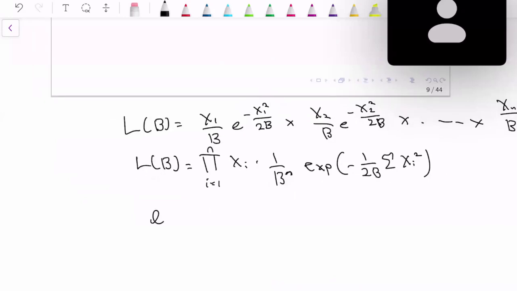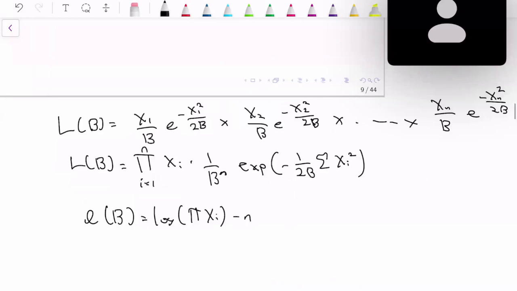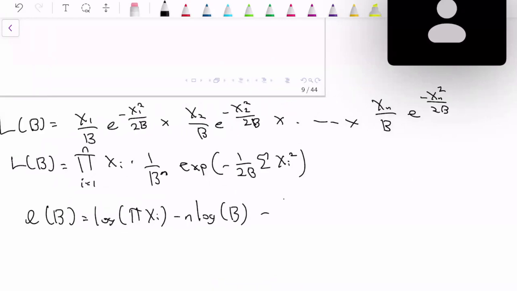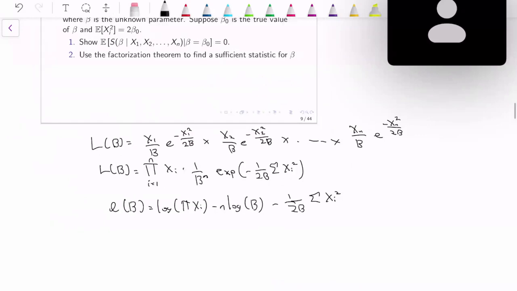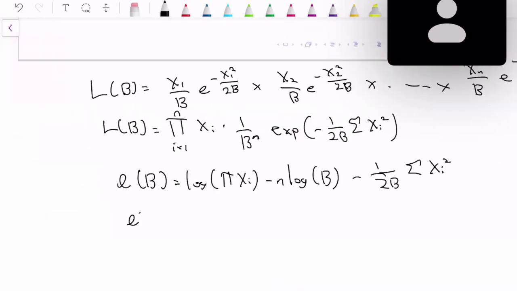So then we take the log likelihood: log of the product of xi's, minus n log beta, minus 1 over 2 beta sum of xi squared. Then taking the first derivative with respect to beta, the first term goes to 0.